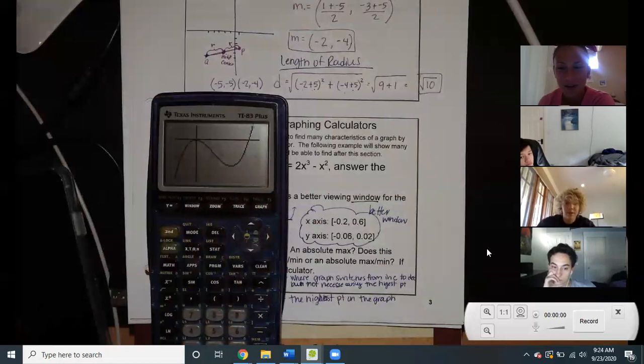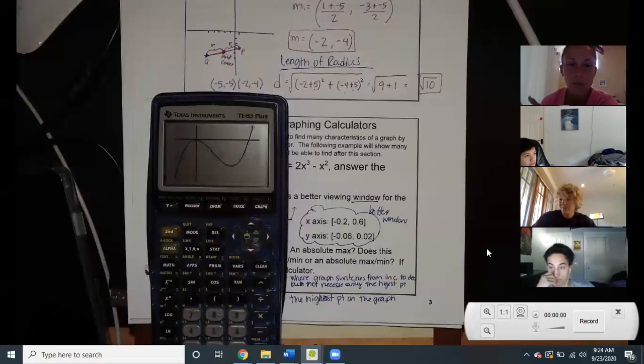Come on, people. You can do it. The relative max? Perfect. Go ahead, Noah. Okay, the relative max is when it goes from increasing to decreasing. Perfect. Does it have to be the highest point on the graph? No. Okay, so that's what differentiates. An absolute max is the highest point on the graph.